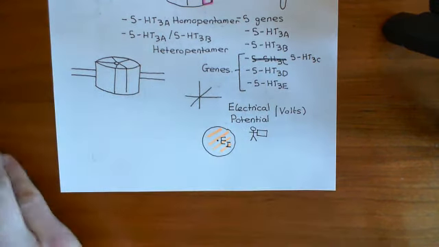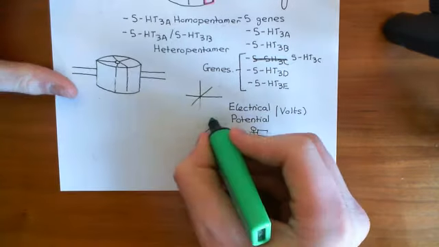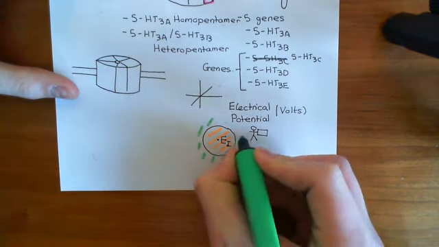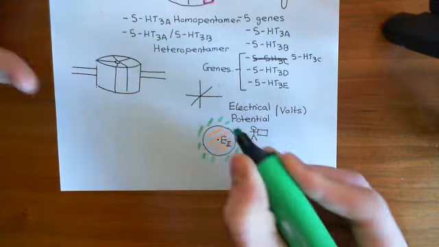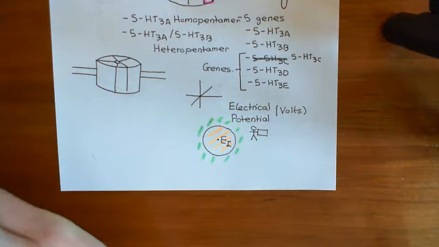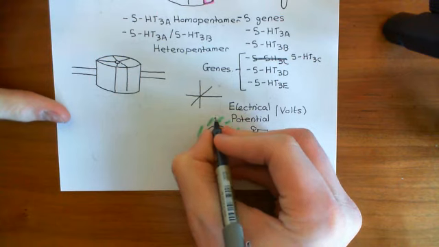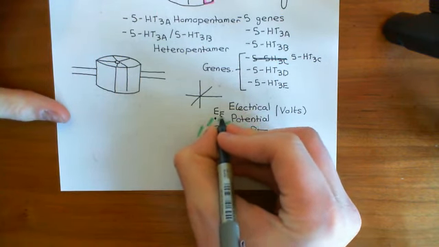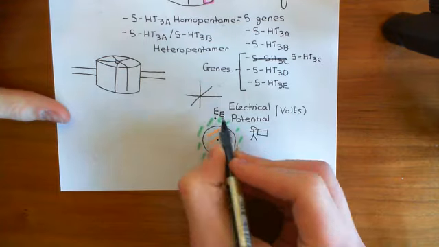Meanwhile, the extracellular fluid is also in electrical equilibrium. All of the points of the extracellular fluid are going to have the same electrical potential, and we'll call this the electrical potential, capital E, subscript E for extracellular.